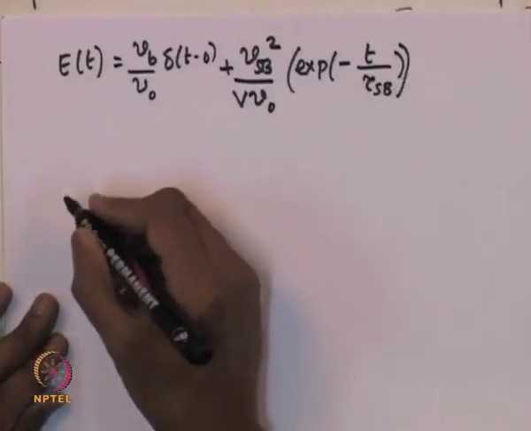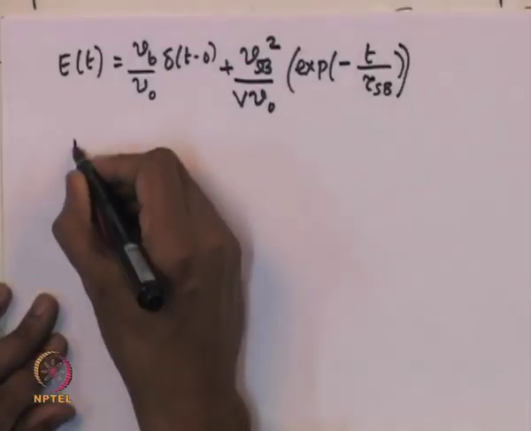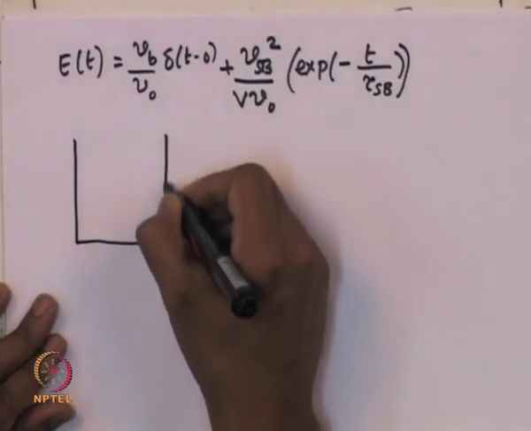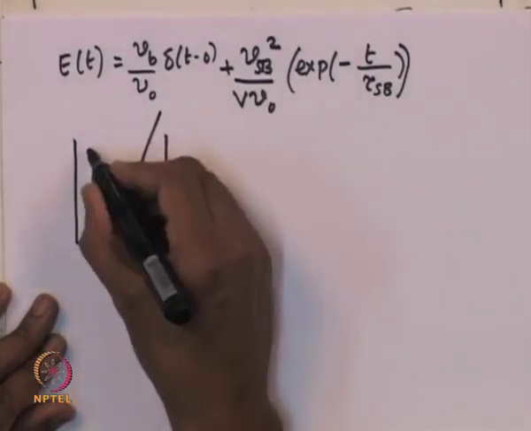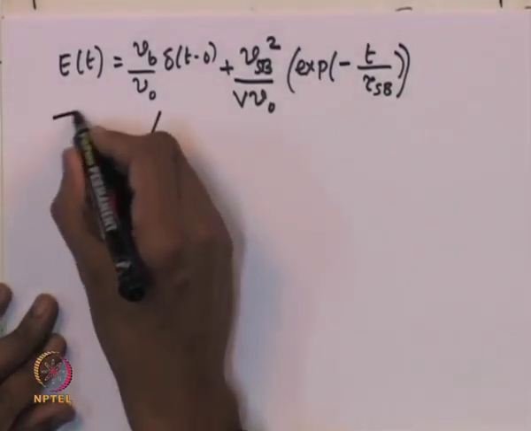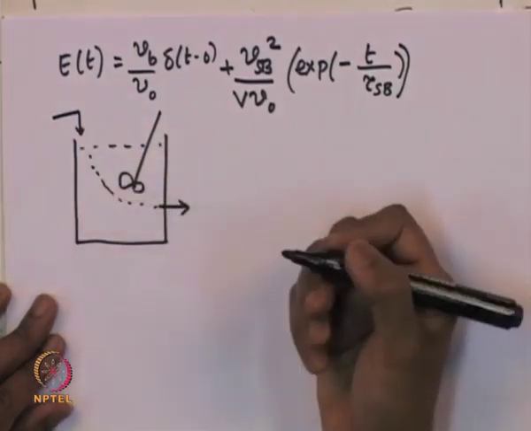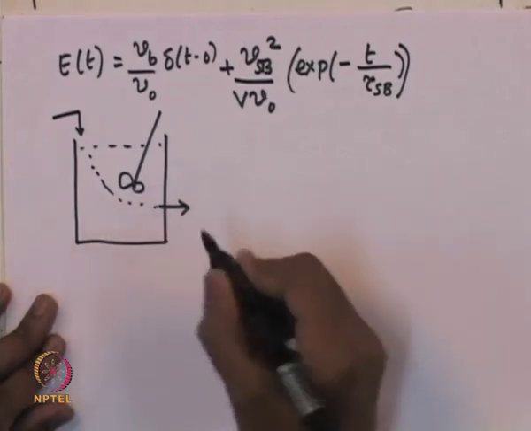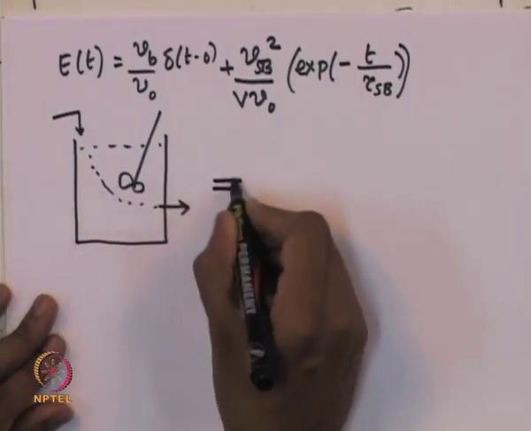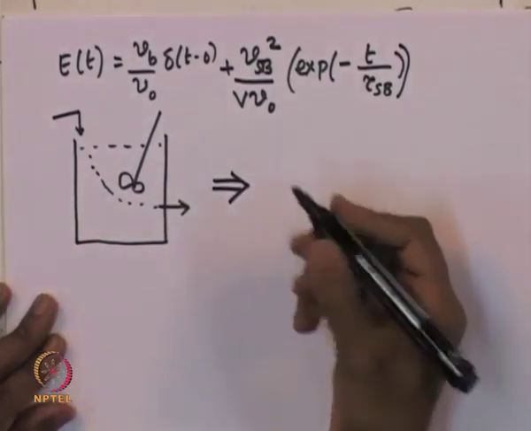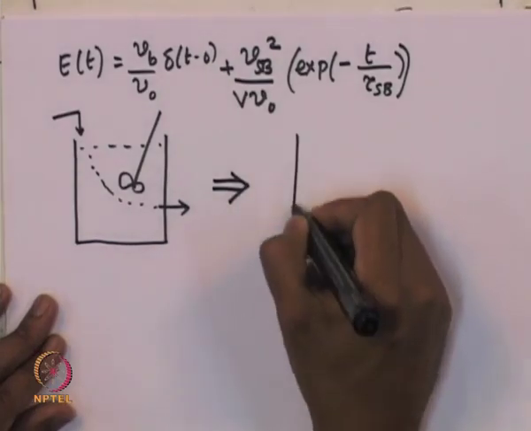Now the system can be depicted in the following way. Suppose this is the CSTR and this is the inlet stream, and there is bypassing of the fluid stream in the CSTR. This can be depicted as in the following cartoon.